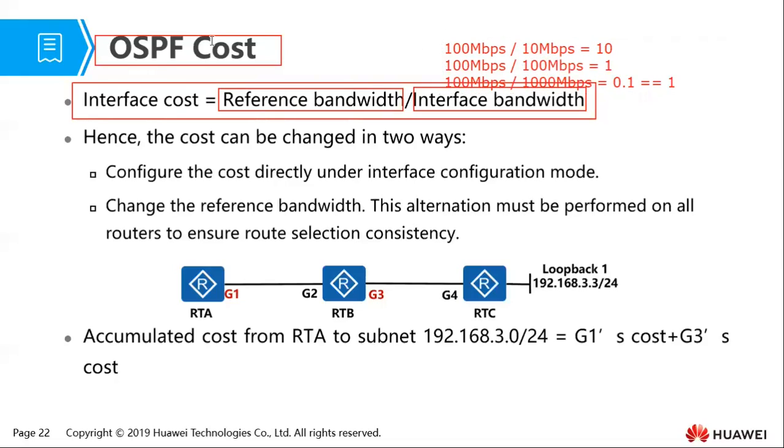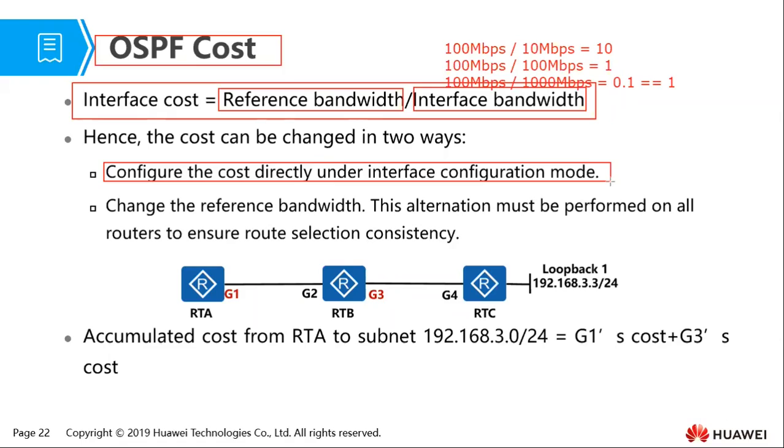Okay, so now the cost can be changed in 2 ways. Number 1 is to configure the cost directly under the interface mode. So you can go to an interface, then use the command OSPF cost 20. So you'll specify the cost for that particular interface as 20.